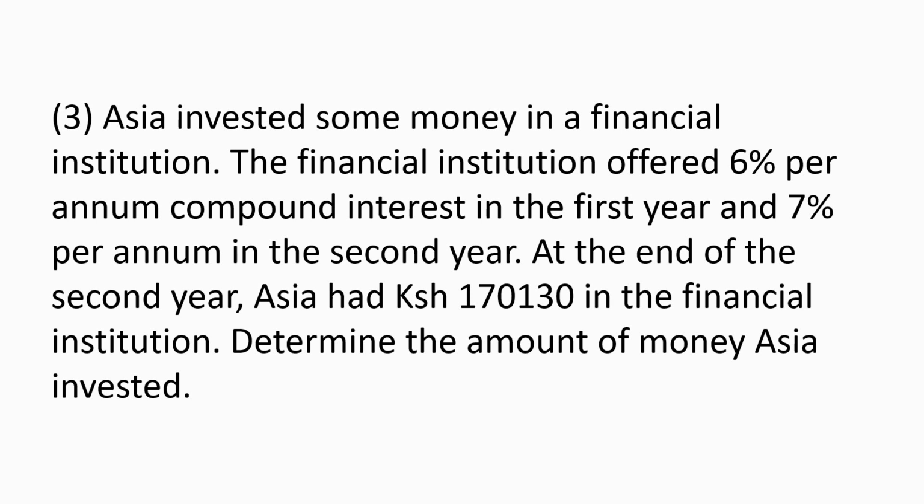So we need to obtain the principal that was invested at the beginning of the first year, and we've been given the amount at the end of the second year was 170,130. So the first thing is to remind ourselves the formula of compound interest, and it is usually amount is equal to principal into 1 plus the rate times the time.